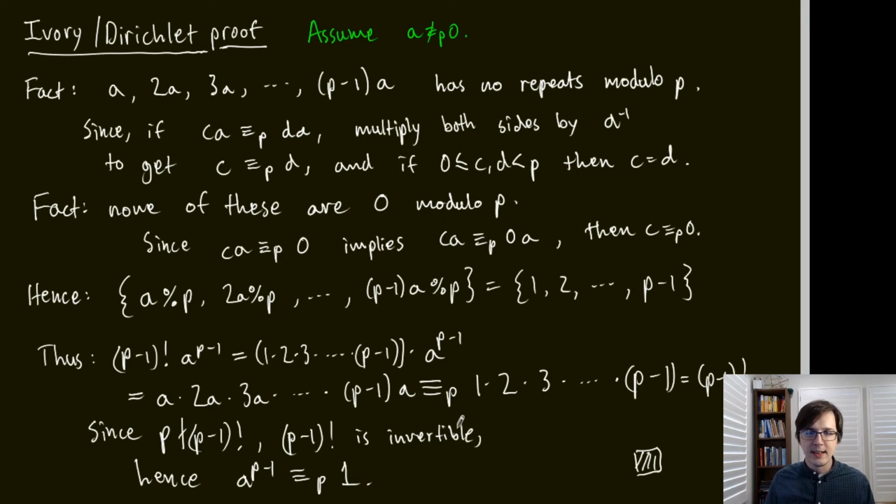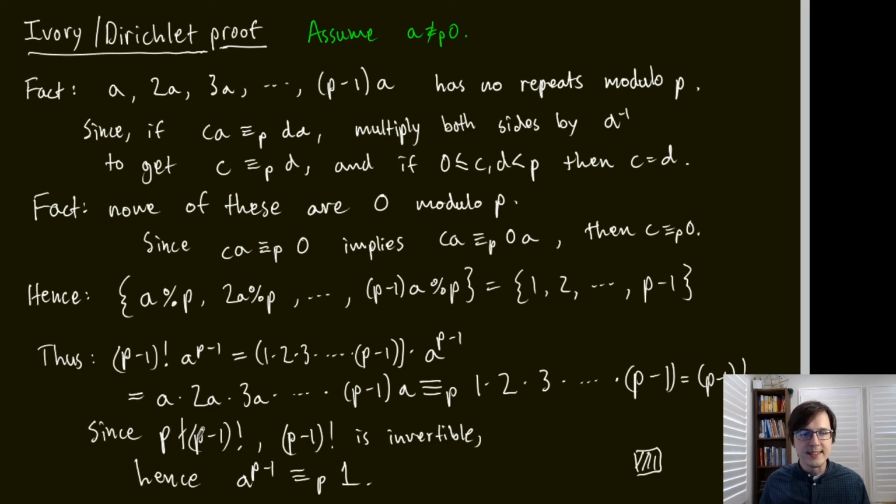And then by this observation that the residues of these numbers encompass exactly the list of non-zero numbers mod p, we can rearrange it and replace them with those residues mod p, and that is (p minus 1) factorial. So notice that we have (p minus 1) factorial times a to the p minus 1 is congruent mod p to that same factorial.